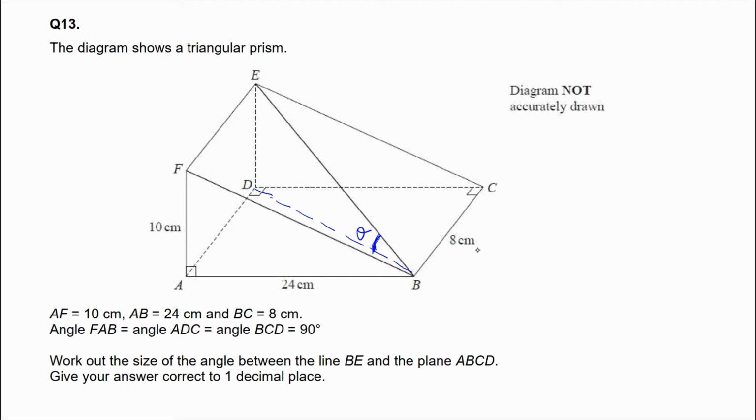So the strategy for this, one thing you have to remember here is that if you consider this triangle ABD, this is a right angle triangle, that's 90 degrees, and the length from here to here is 8. So you can find that length there. And the height of this is 10, so that length is 10.